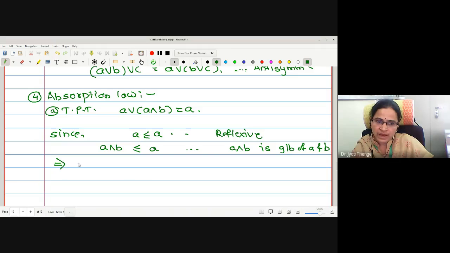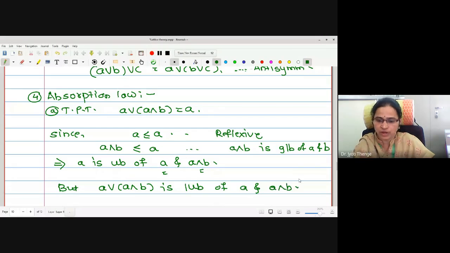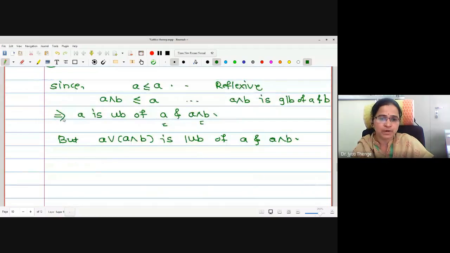Therefore, combining the two, may I write A is an upper bound of A and A meet B? The least upper bound is join, no? A join A meet B is the least upper bound of A and A meet B. Then what is the relation between upper bound and least upper bound?